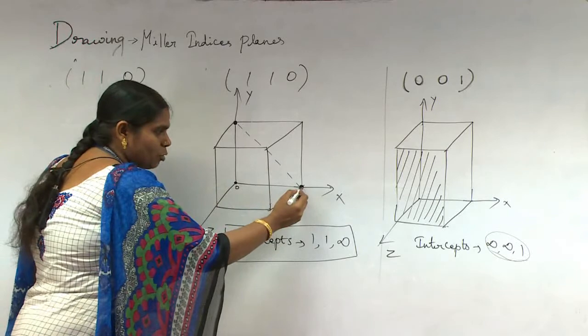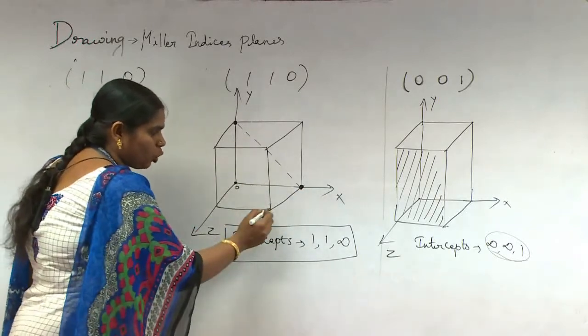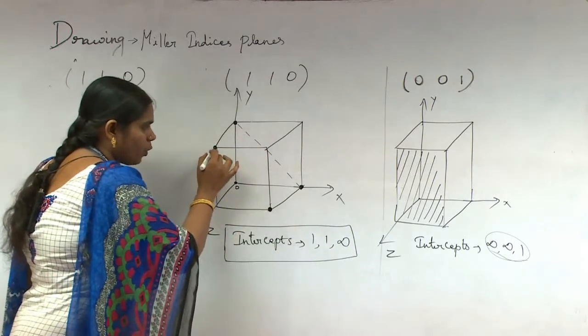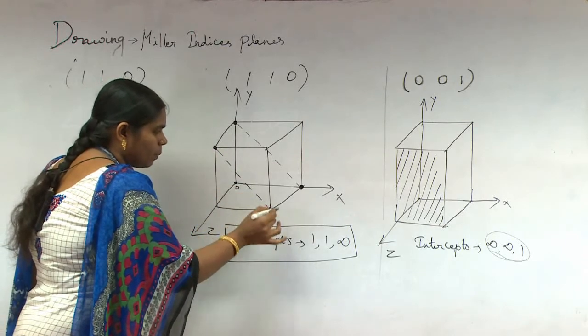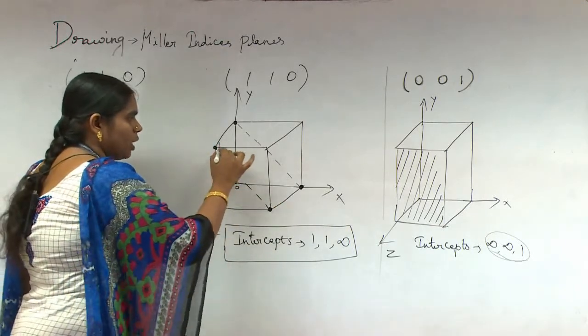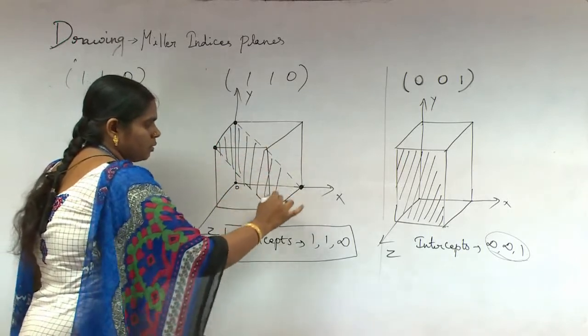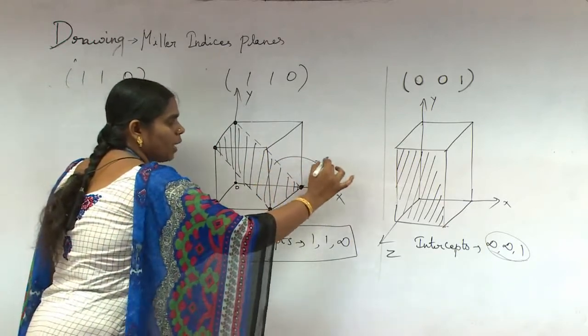Similarly, parallel to this line, we draw another line on the front face of the cube. So we place a point here and a point here. Now you just draw a perforated line. Now you shade this portion. This gives you the 1, 1, 0 plane.